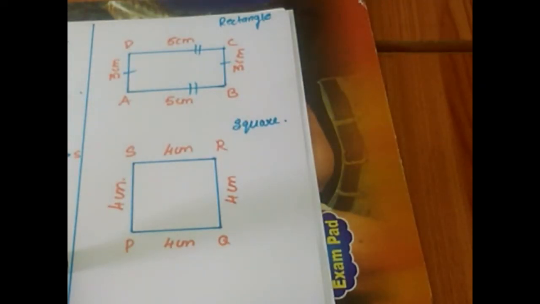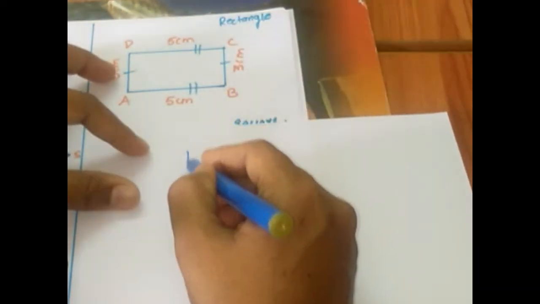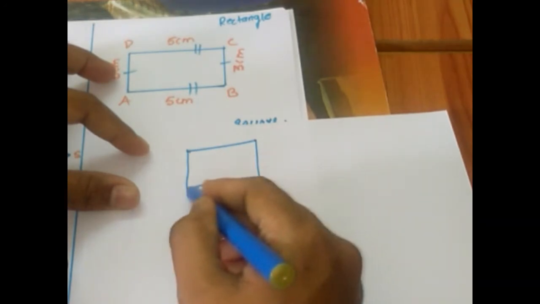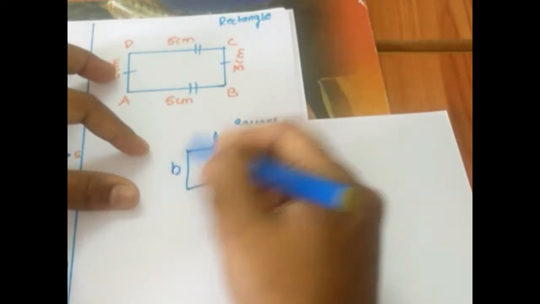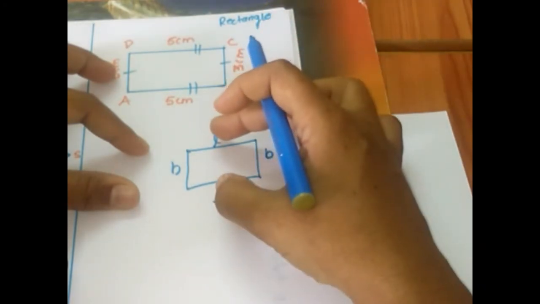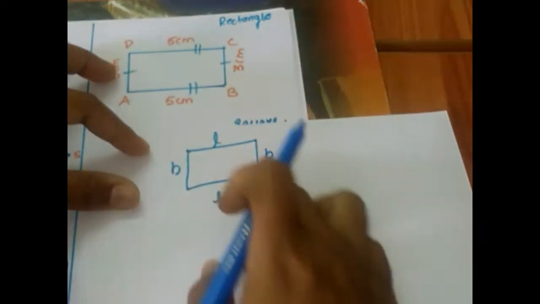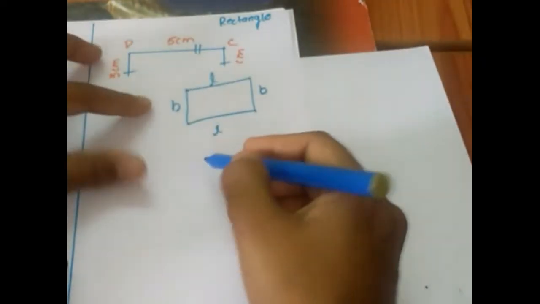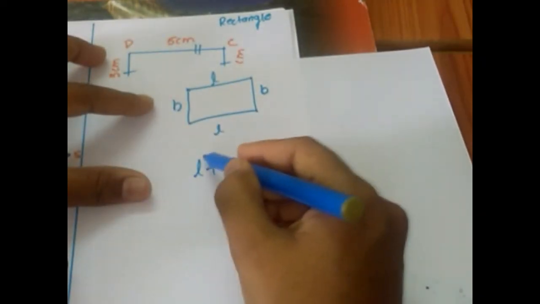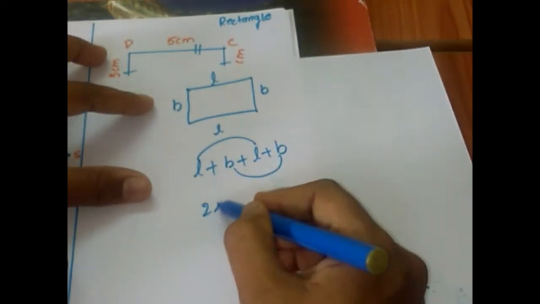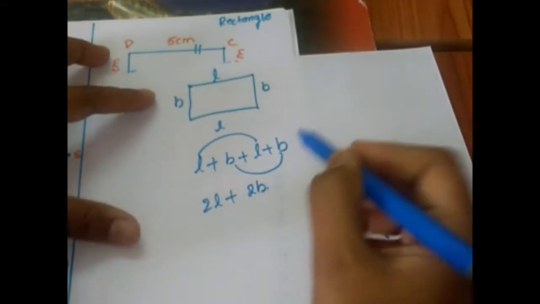But as the property of a rectangle says, opposite sides are equal. In a rectangle, we can find length and breadth as opposite sides are equal. We can find 2 lengths and 2 breadths. So how do you calculate the perimeter of this? L plus B plus L plus B. After grouping, I'll get 2L plus 2B.